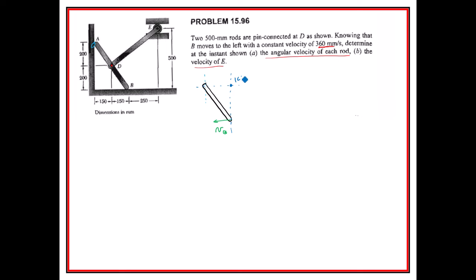We find the ICR. And based on that, it appears that this is rotating this direction right there, right? So that's going to be the omega AB.